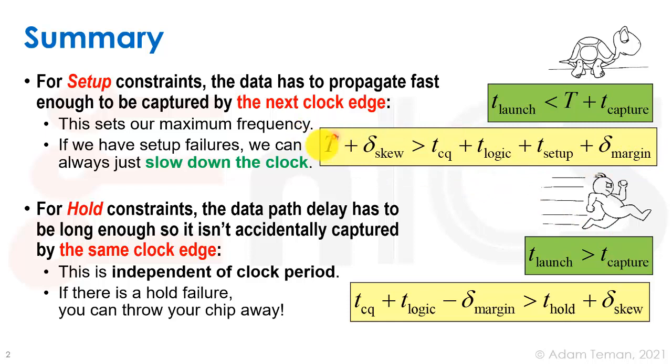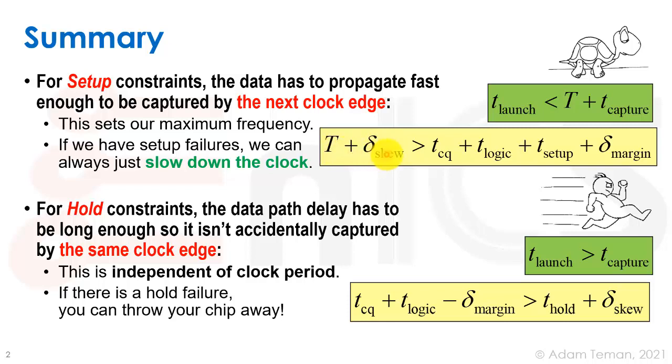The capture time will be the clock period plus whatever the skew of the clock is, because positive skew, we said, is the difference between when the clock arrives at the capturing register minus the time it arrives at the launching register. That's what we defined as positive skew.